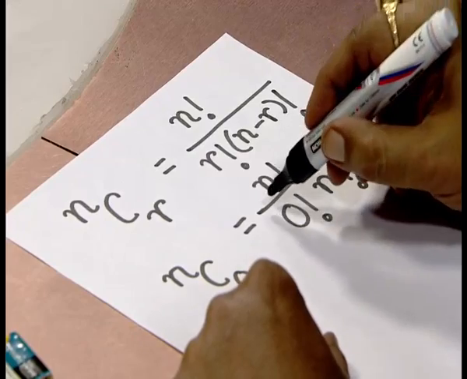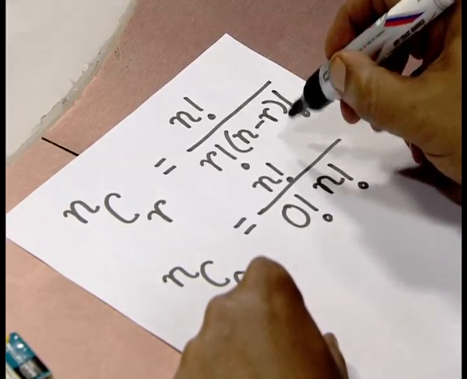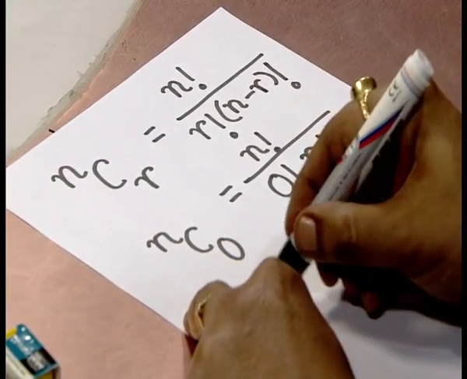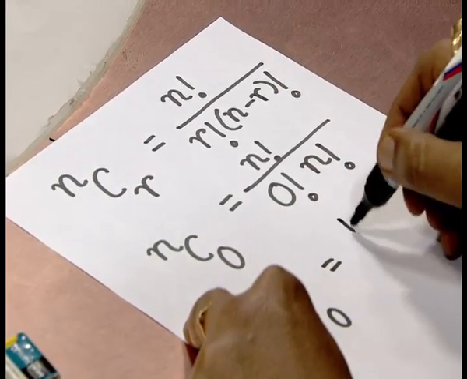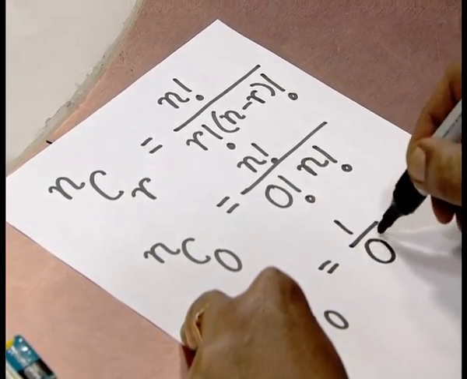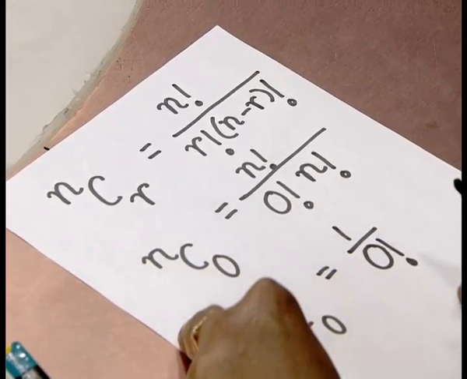So, you have factorial n in the numerator and factorial n in the denominator. So, they cancel each other and you get nC0 is equal to 1 upon factorial 0. But just now we have established that nC0 is equal to 1, being equal to nCn.